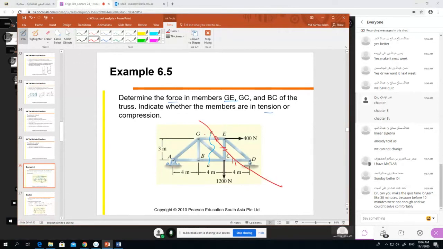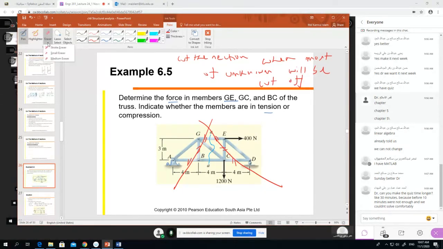If they ask for this one and this one, then we will cut like this. So cut the section where most of the unknowns will be cut off, like this.